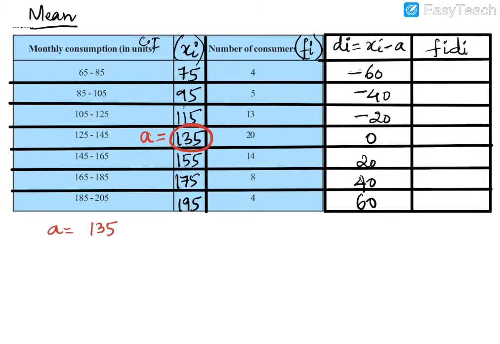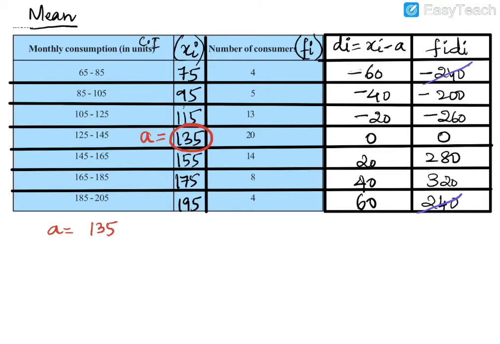Now find the products fi di. So we get minus 240, minus 200, minus 260, 0, 280, 320 and 240.